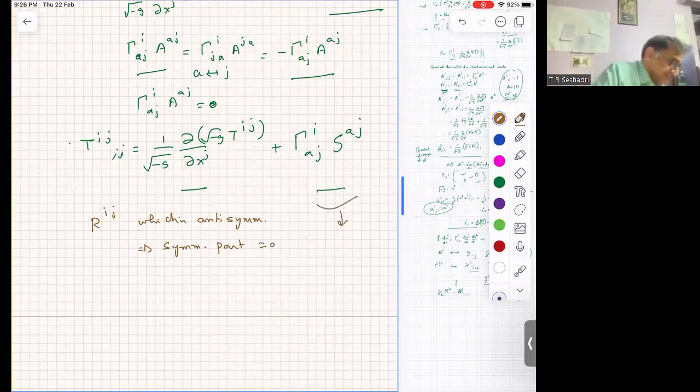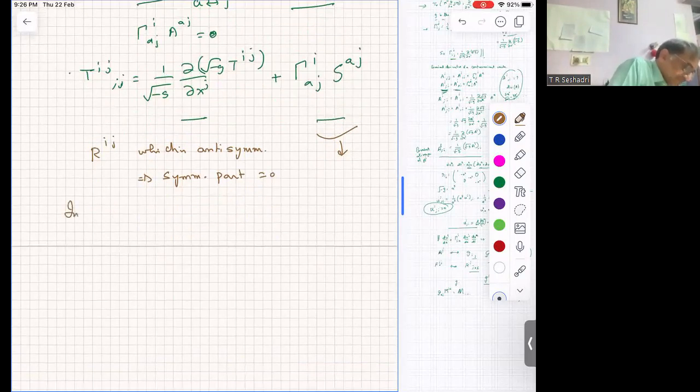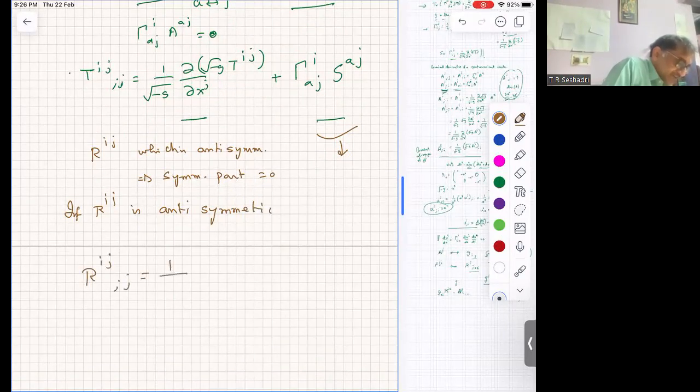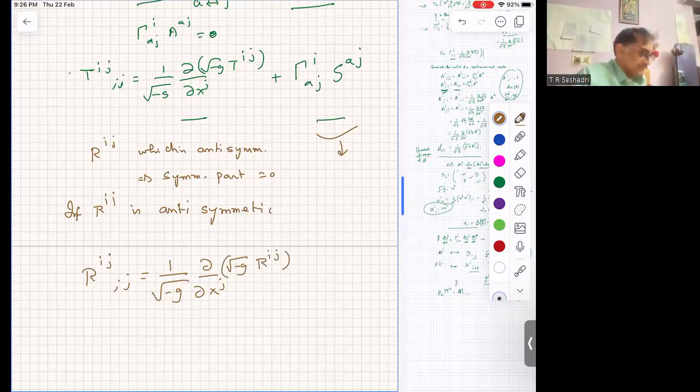So if RIJ is antisymmetric, then RIJ semicolon J goes exactly like a contravariant vector expression. Now can you use it anywhere?